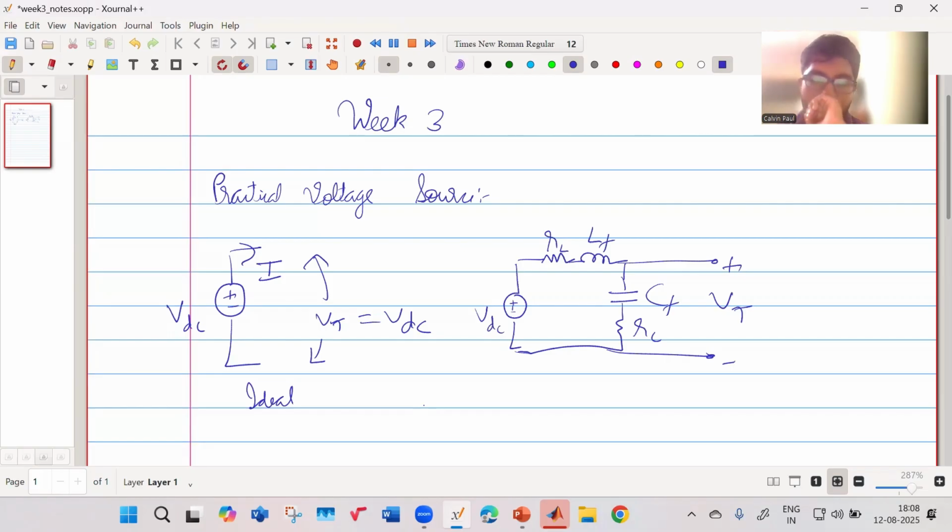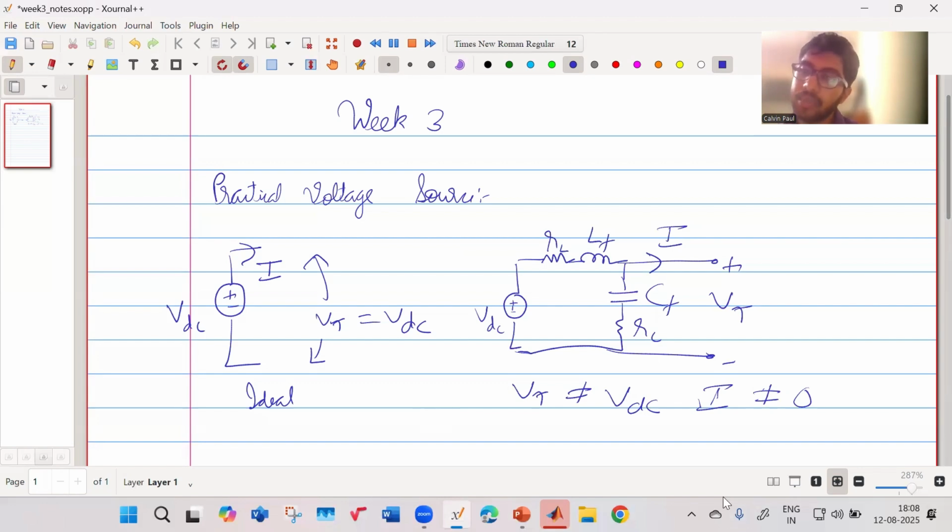This terminal voltage is not equal to VDC when there's some current, when the current is not equal to 0. So there will be a voltage drop. There will be some oscillatory behavior that depends on the current being drawn. Okay, so this is the practical voltage source.